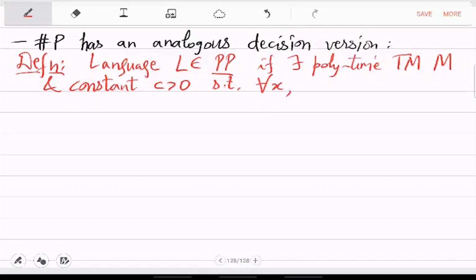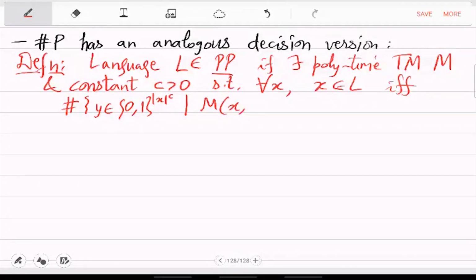for all input x, x is in L if and only if the number of accepting paths such that M(x, y) is 1 is at least half. So PP stands for probabilistic polynomial time, and what will happen here is the number of accepting paths will be more than half, or at least half.